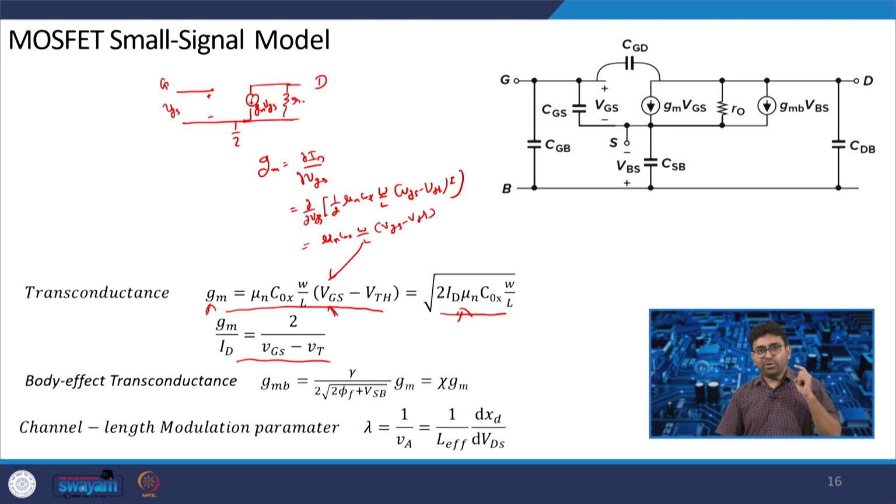Now, because MOSFET is a 4 terminal device, we cannot avoid the body effect, and that is the body effect transconductance, because the body is the 4th terminal and it can also act as one of the gates. That will give another GMB, which is a function of source to bulk voltage.